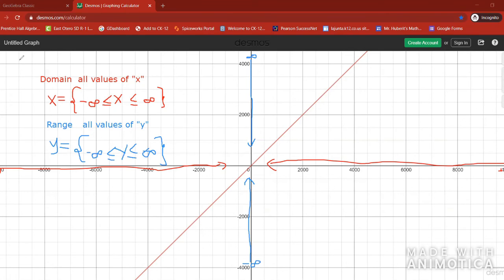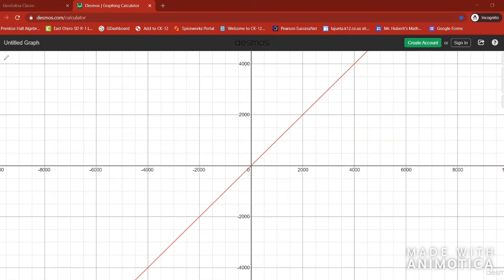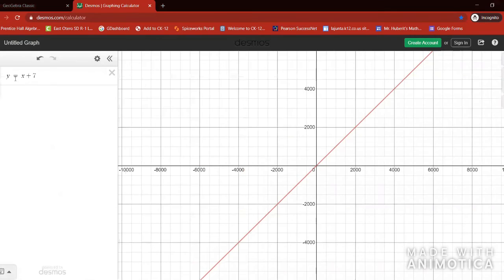In other words, what I'm trying to say is this: if your graph represents a number line, I'm going to show you another example. f of x is equal to, let's just say, 4x plus 5.